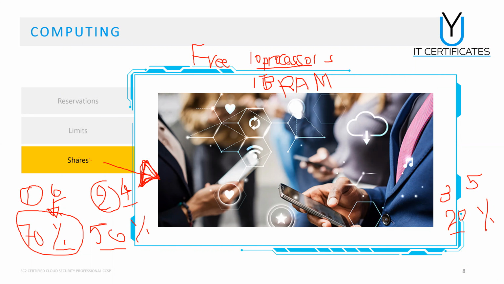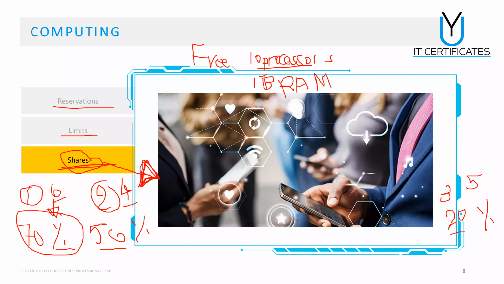This is the reason why we call it share, because we want to share the remainder of the resource pool. These are the three important concepts which you have to understand in the cloud service provider. This is very important. You have to work very closely with your cloud service provider to define these values based on the customer's needs, or your needs as a customer.